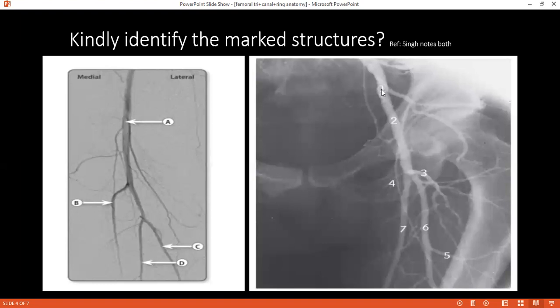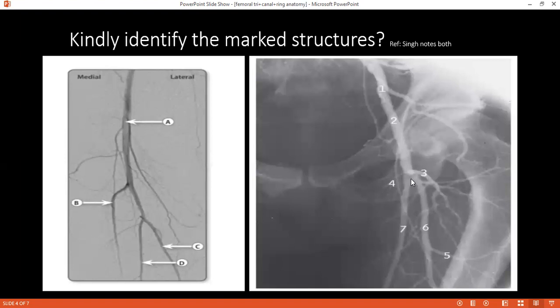Okay, can you identify number 1 over here on the right-hand side, please? It's the catheter. And then number 2 is the big artery, the femoral artery. Then the femoral artery divides into what are 3 and 4?